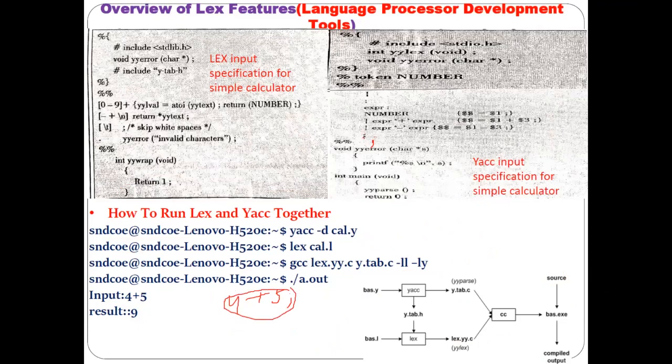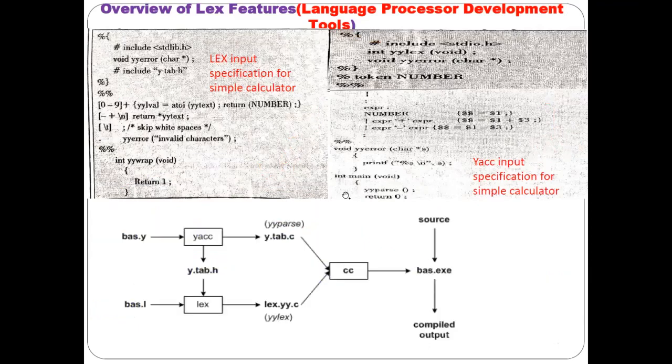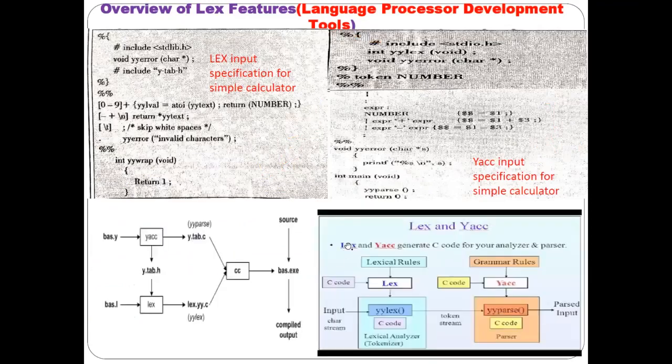So the way you write the rules here, accordingly the lexical analyzer will be generated. The way you write the rules here, the syntax analyzer will get generated. So that is all I am trying to tell you. This scenario also I have told you.